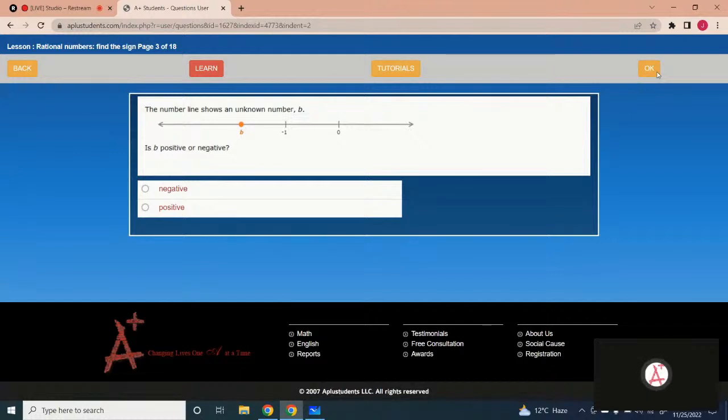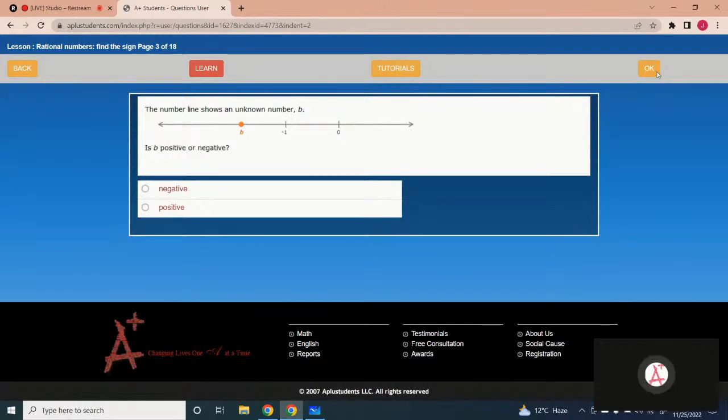Okay, the next one is: the number line shows an unknown number b. Is b positive or negative? b is at the left hand side of the zero.